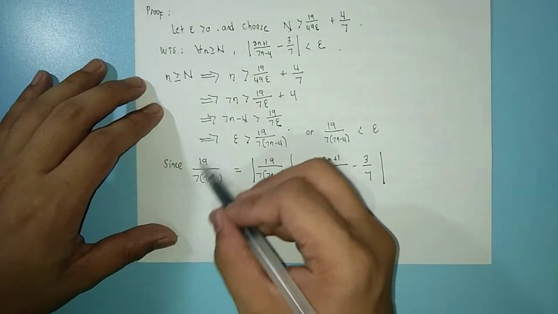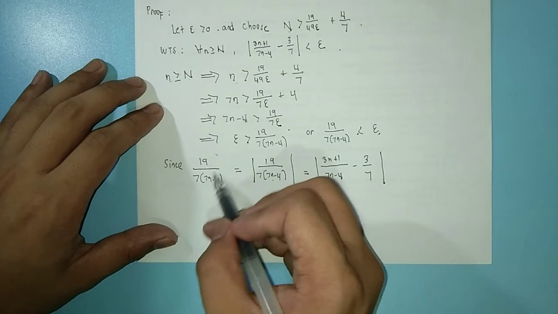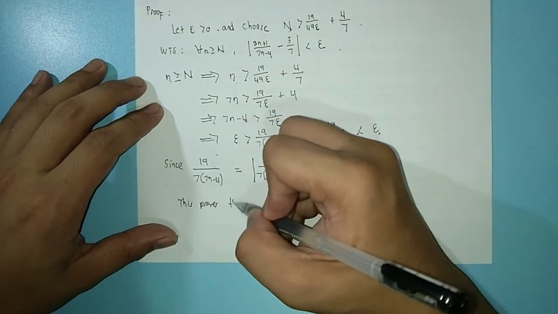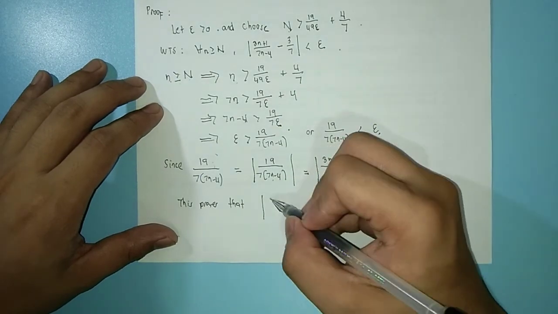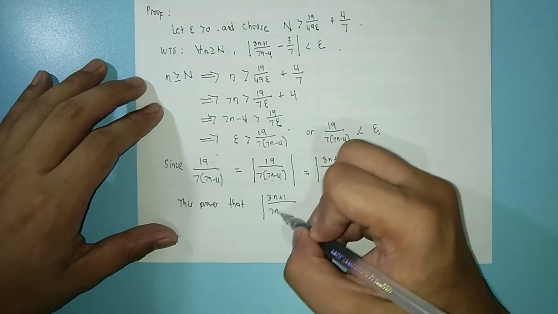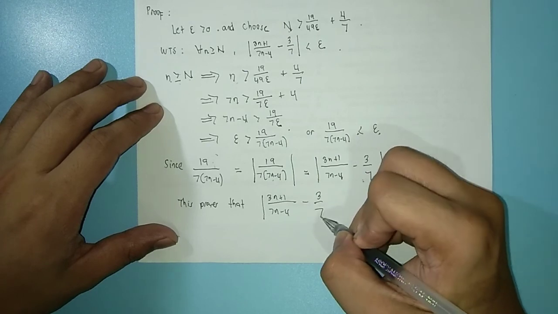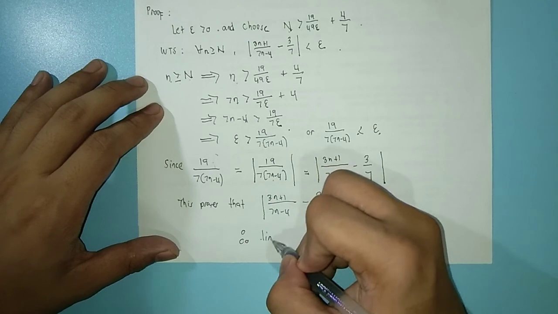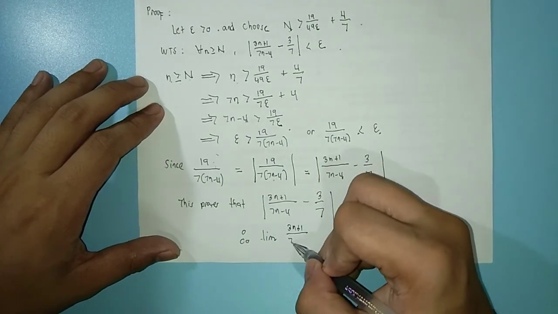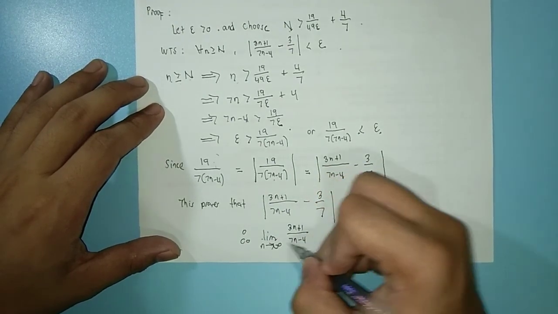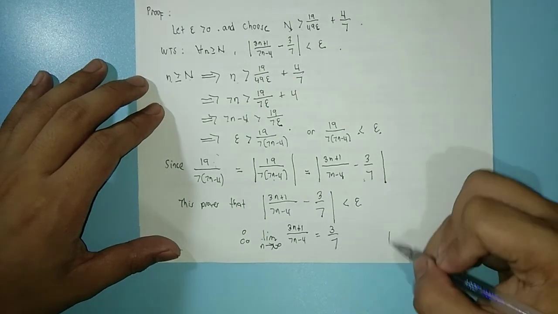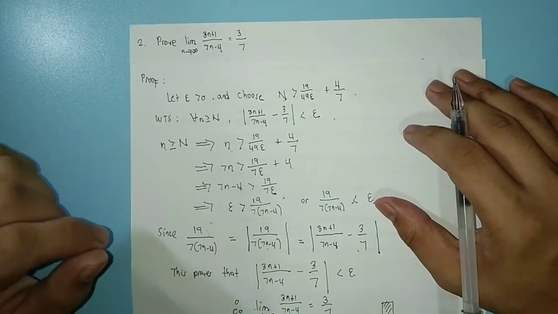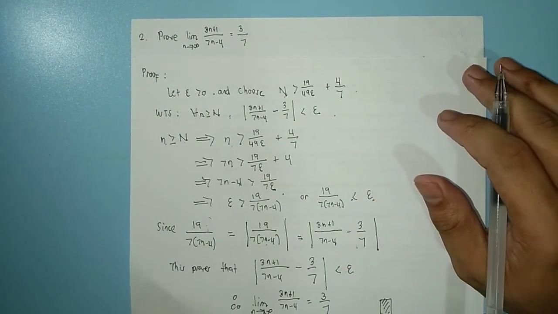Then, kung ito less than sa epsilon at ito ay equal dito, this proves that the absolute value of (3n + 1)/(7n - 4) minus 3/7 is less than epsilon. So, therefore, yung limit ng (3n + 1)/(7n - 4) as n approaches infinity is equal to 3/7. So, this is done. So, ganun lang siya kasimple. So, hanggang dito lang for convergent sequence or limit of a sequence.